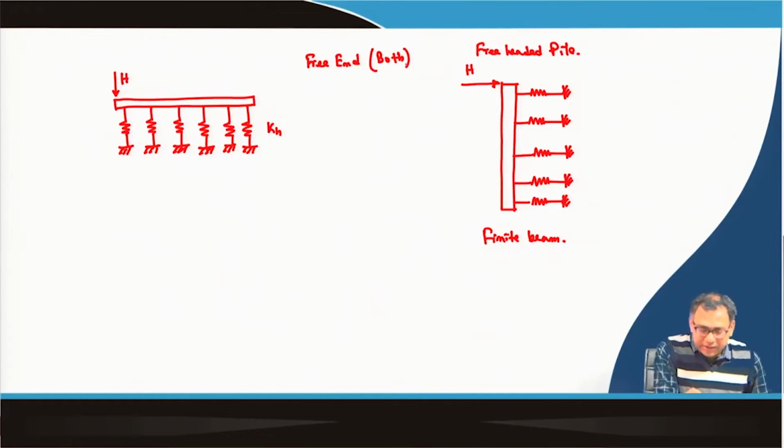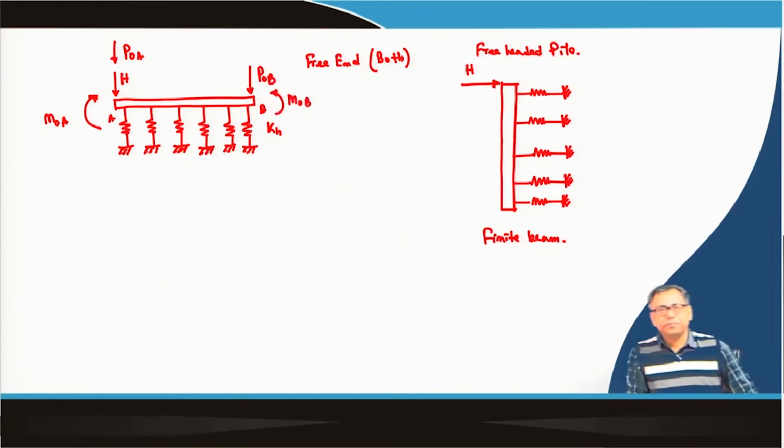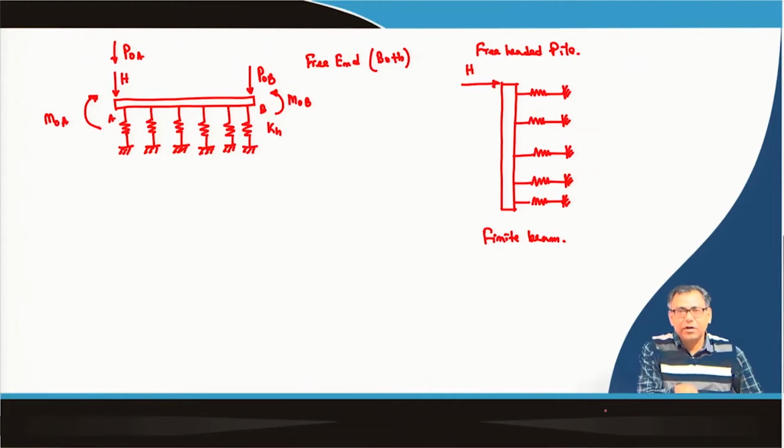So this is P 0 A, M 0 A at end A, then P 0 B and M 0 B at end B. These are all the loads acting on this finite beam: four end conditioning forces and H as the actual applied load.